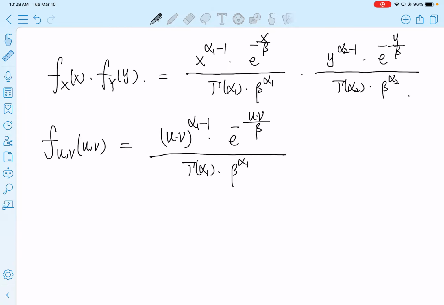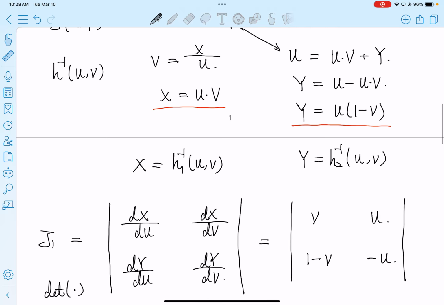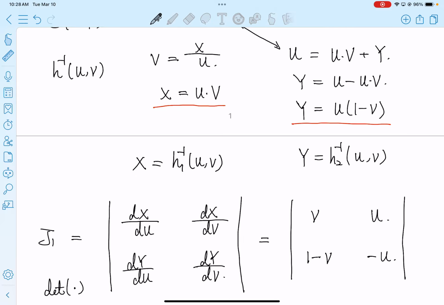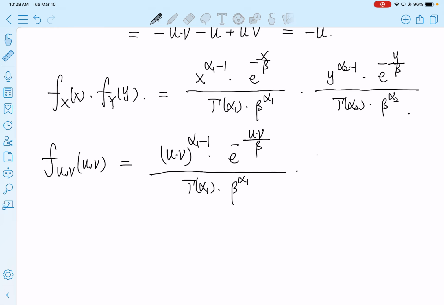For the second part, whenever you see a y, replace it by the inverse function. Earlier we obtained y is equal to u multiplied by 1 minus v. So replace y by u times 1 minus v.